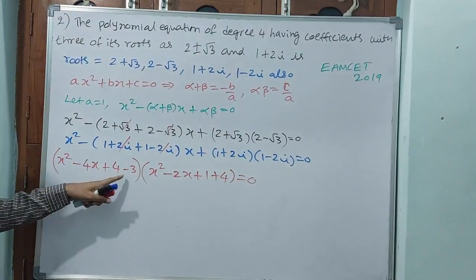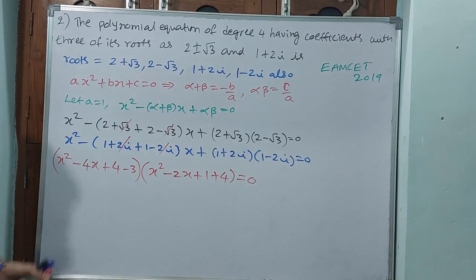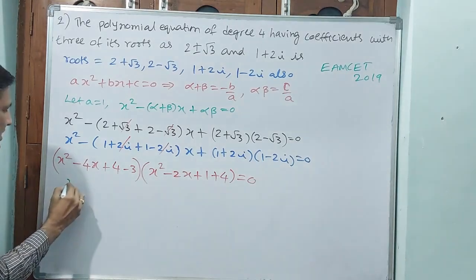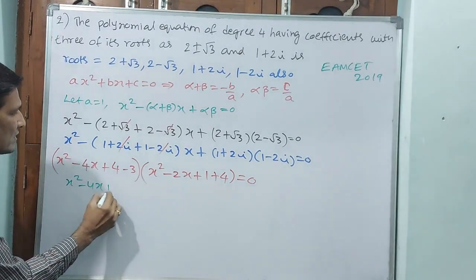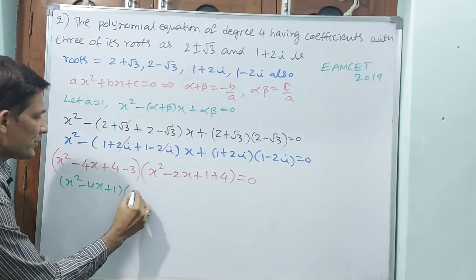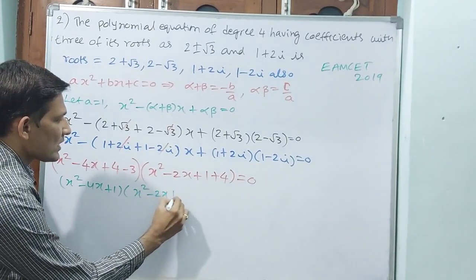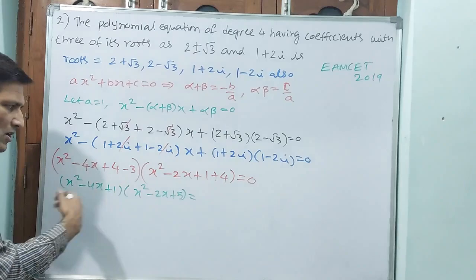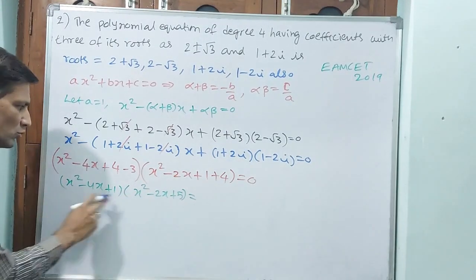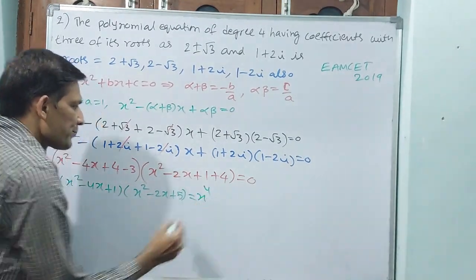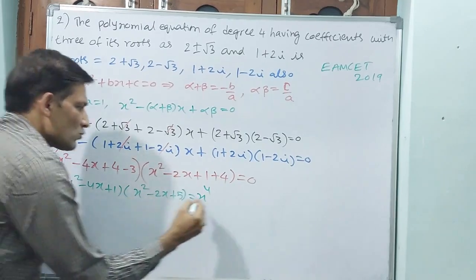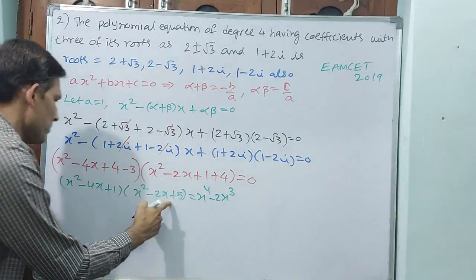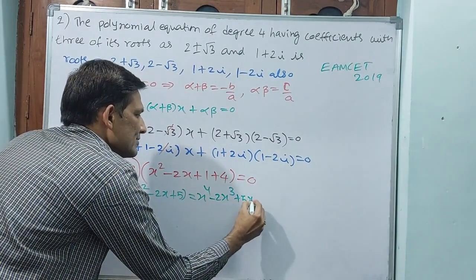Okay, now you see here 4 minus 3 means 1. Don't forget. Shall I write once again? Let me write. You see (x square minus 4x plus 1) into (x square minus 2x plus 5) is equal to 0 only, but we will do some calculation. You see x square into x square is x to the power of 4, minus 2x cube, plus 5x square.